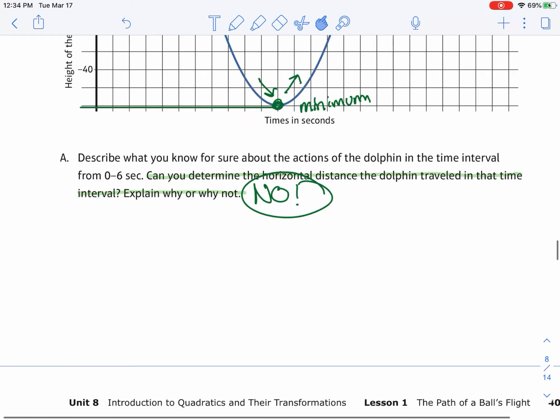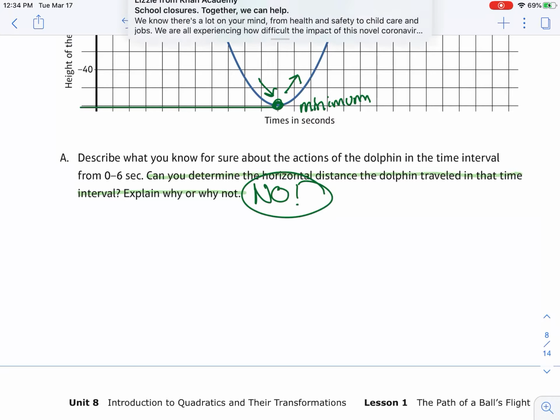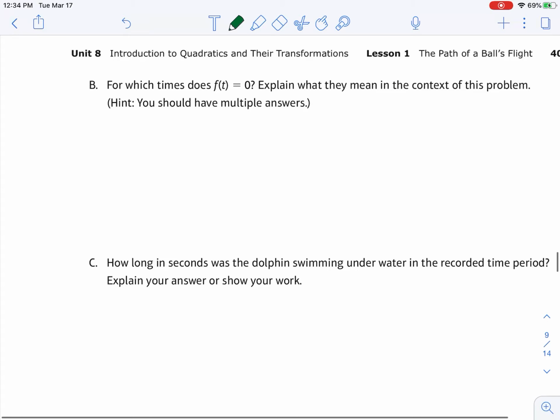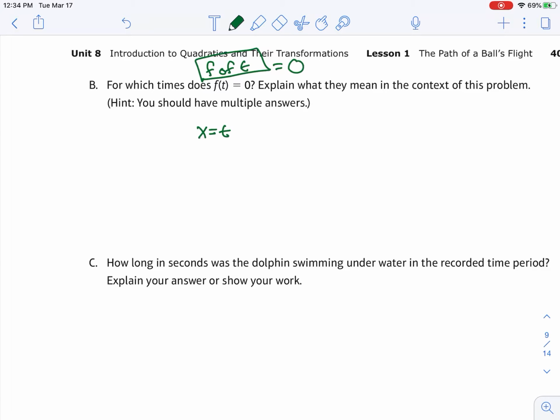You need to write a sentence here. This is f of t. And when f of t does equal 0, that's when we don't know what x is because x equals t. We do know what y is. We know y equals 0.